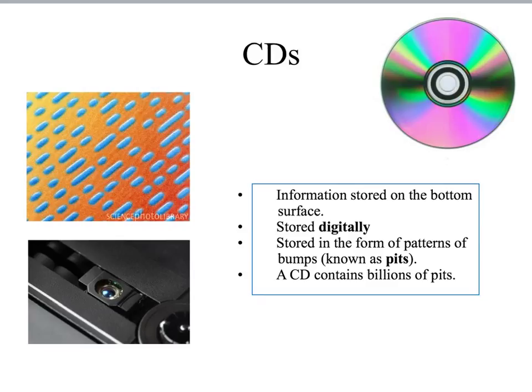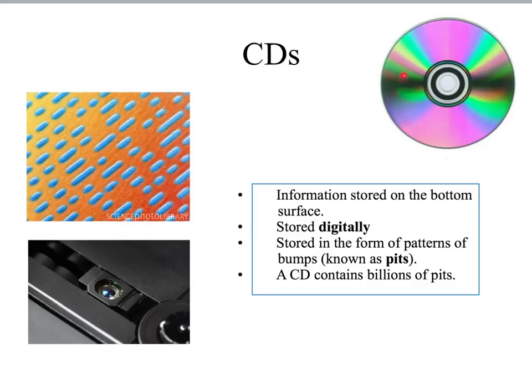The reflection will be reflected back, and by the way that the reflection appears, the CD player will be able to tell whether it's been reflected off a bump or off a flat surface, so off a raised bit or off the flat bit. And from that it will be able to read this code, and then the circuitry inside there will be able to interpret that code, and you'll be able to get the information off of the CD.